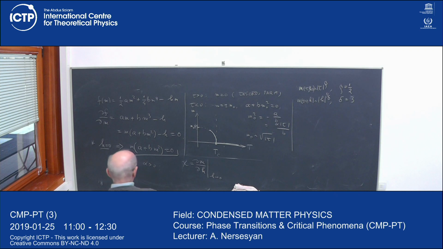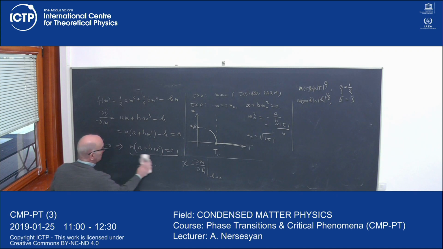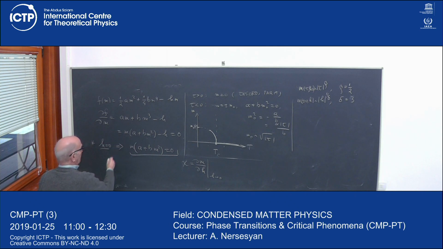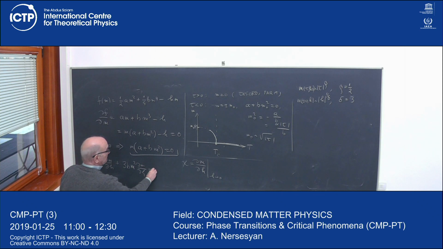Okay, so what do we do? How shall we do these calculations? It's very simple. We're looking at this equation. The first term is A dm/dh plus B times 3 m squared dm/dh is equal to 1.